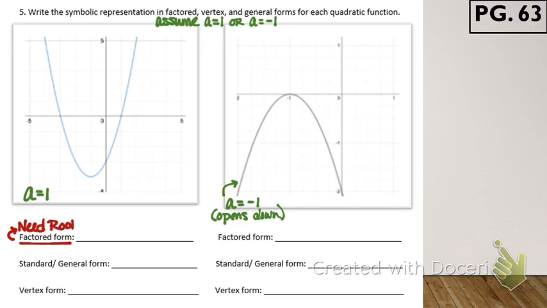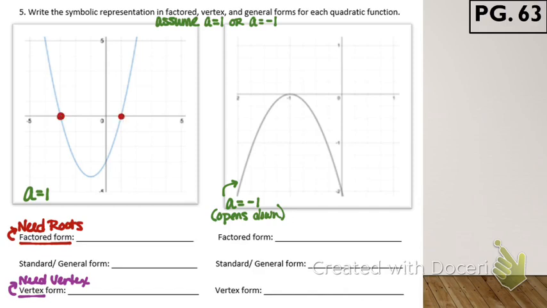Which form will use my vertex? Your vertex form? Yep. Vertex form uses the vertex. So let's go find our roots first. I know the numbers are kind of fuzzy on here, but I think we can make it out well enough.